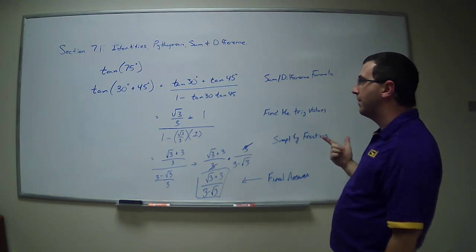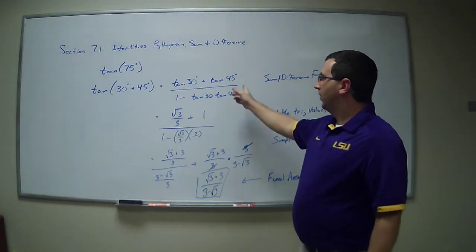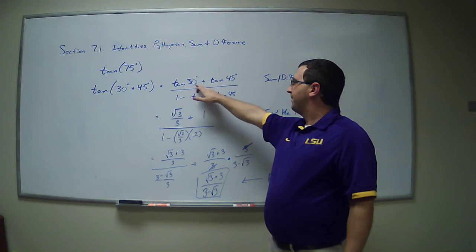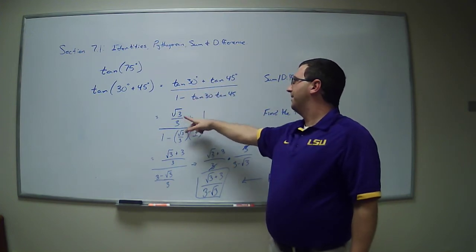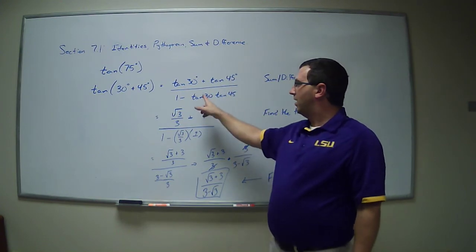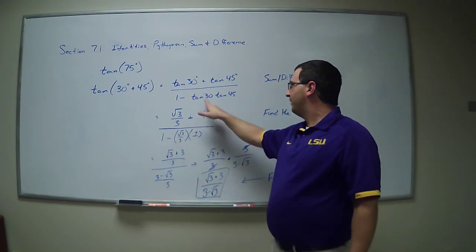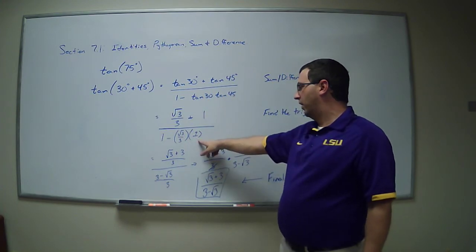I have to refer back to it all the time, so it's no big deal. So let's summarize. Tan 30 is the square root of 3 over 3, that's the exact value. Tan 45 is 1. So on the bottom we've got 1 minus tan 30, which is square root of 3 over 3, times tan 45, which is 1.